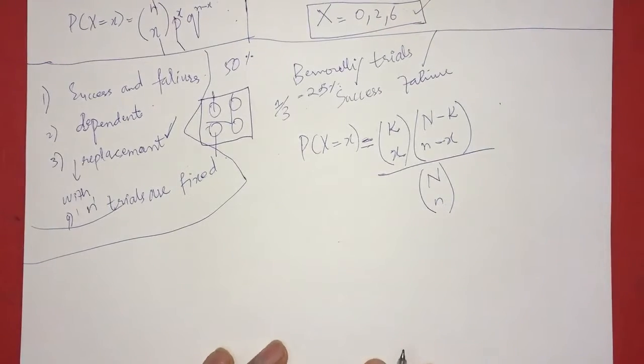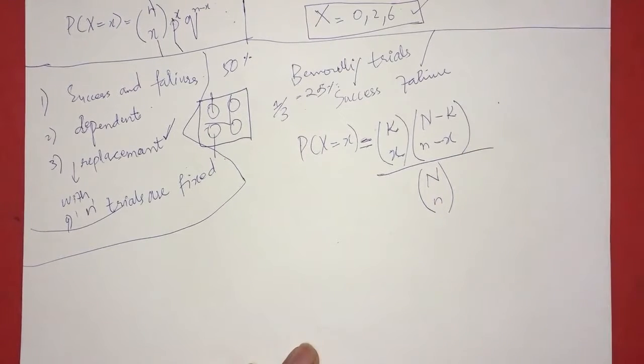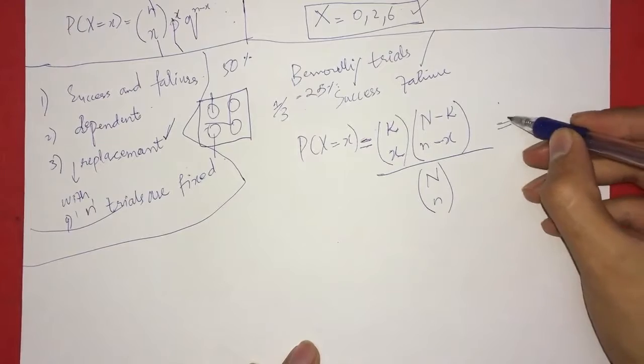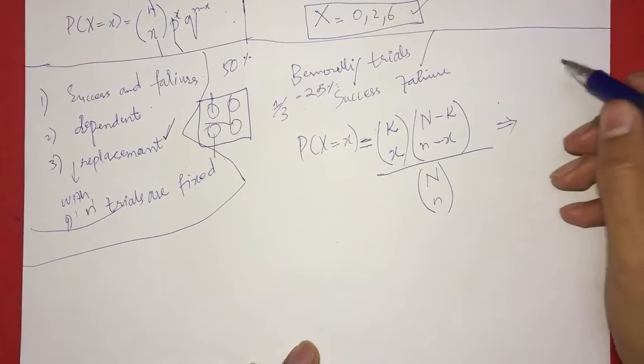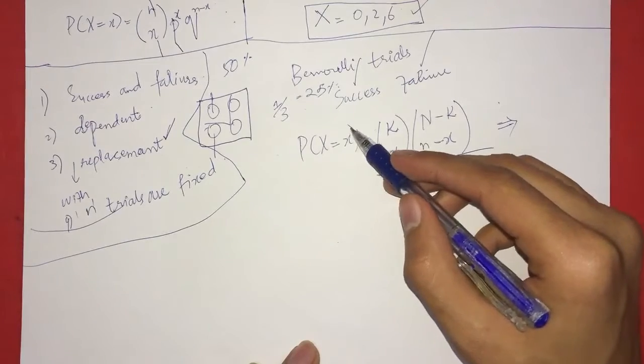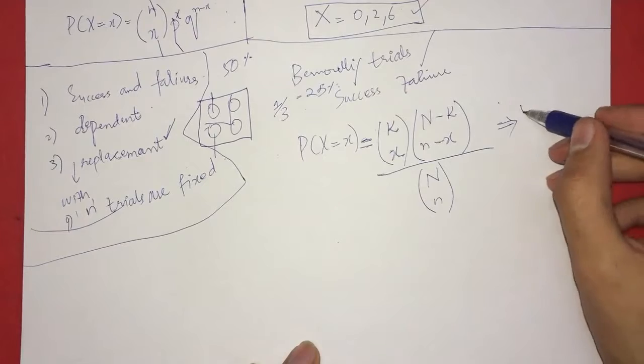So you were given the values of each parameter in the question, and you just had to plug the values into the formula, and then you get what you want, that is the probability when x assumes a certain value, and you have the hypergeometric distribution for the respective values of capital X.